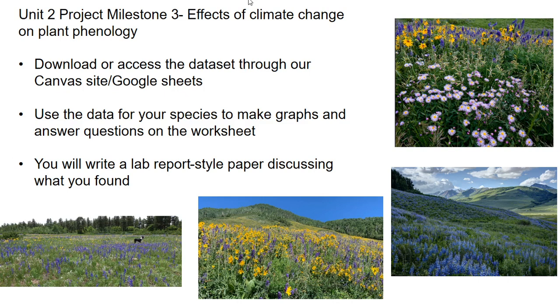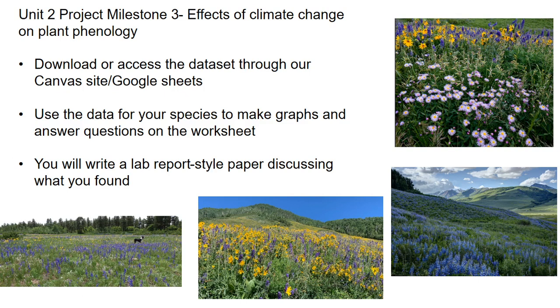So you're basically going to do 3 things for this last milestone. First of all, there's a data set that is specific to your plant species, and I'll introduce that data set in a second. You're going to use that data set to make some graphs and answer some questions, and in doing so, complete a worksheet that tells you which graphs and questions to answer.